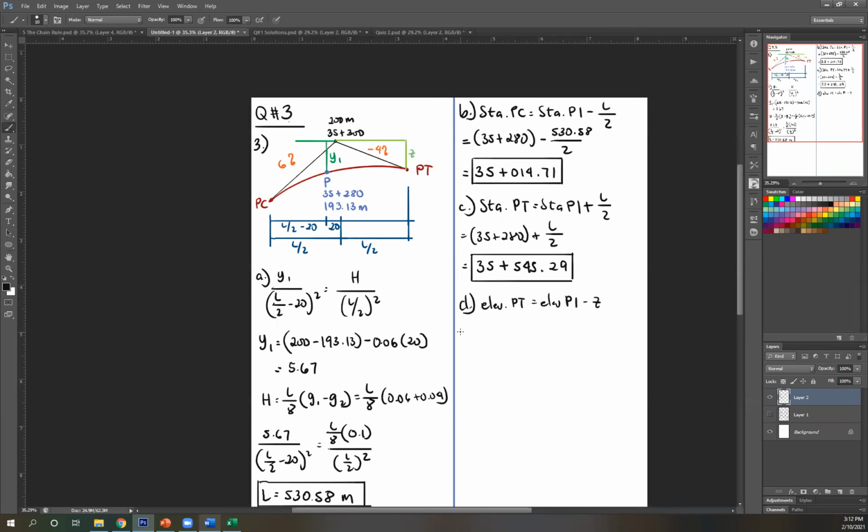Okay? So that is 200 minus. So to get height, again, that's just grade times run. So 0.04 times your run. So this run is actually your L over 2. Okay? So answer is 200 minus 0.04 times 530 over 2, 189.39 meters.